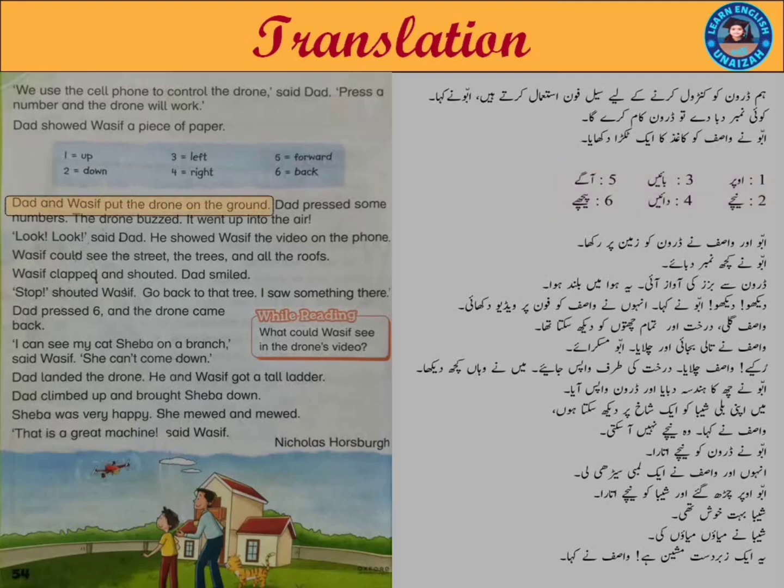Dad and Wasif put the drone on the ground. Dad pressed some numbers. The drone buzzed. It went up into the air. Look, said Dad. He showed Wasif the video on the phone.